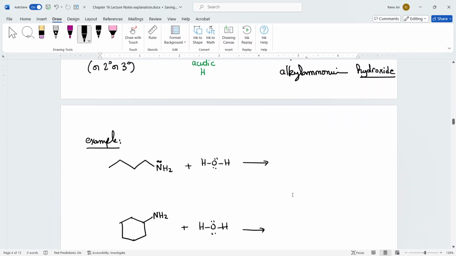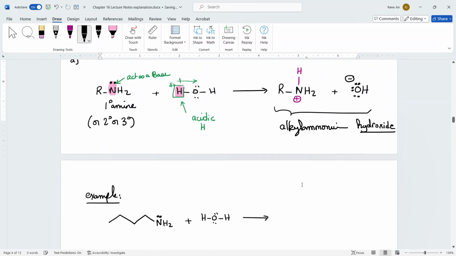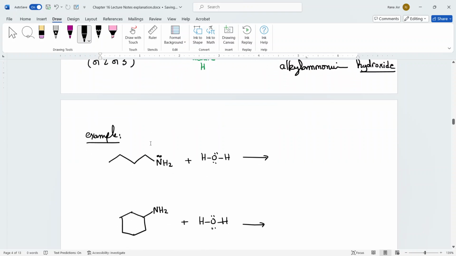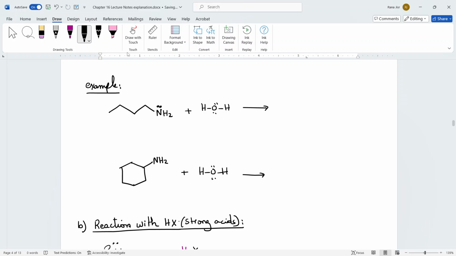So let's go ahead and have a specific example of these reactions. By the way, these reactions happen with primary, with secondary, with tertiary amines, because all I am targeting is a nitrogen having a lone pair. Whenever I have this case, it means that I do have a base, and the rule says that the base takes the acidic hydrogen. In all of these examples, I'm using water as a weak acid.